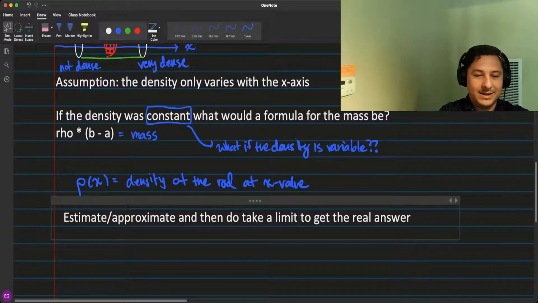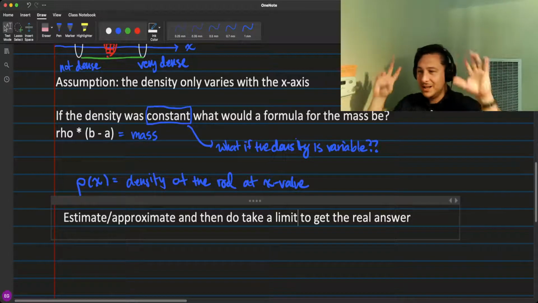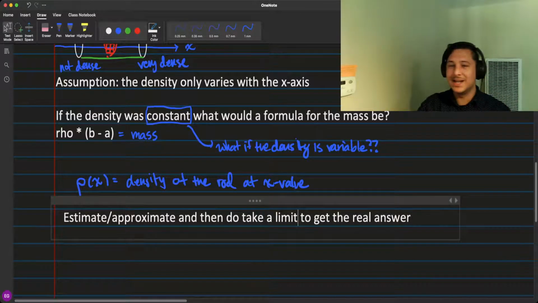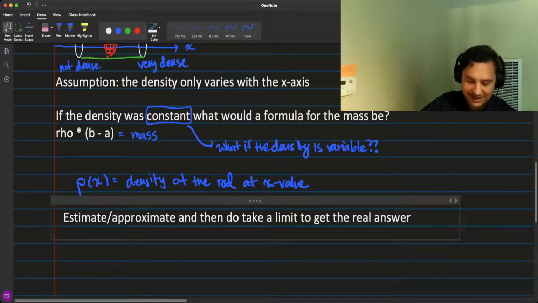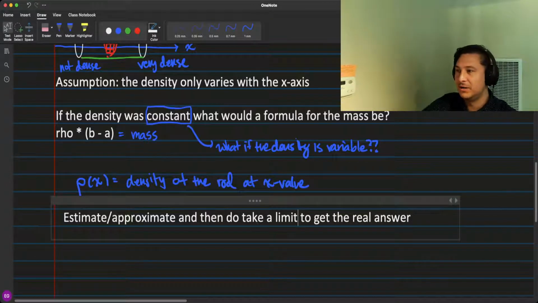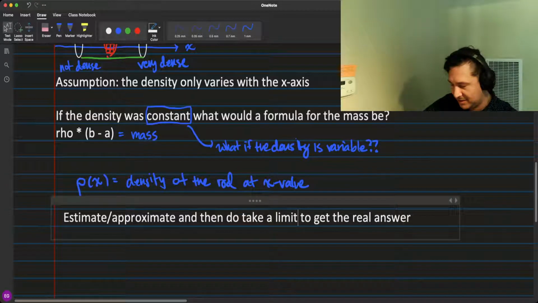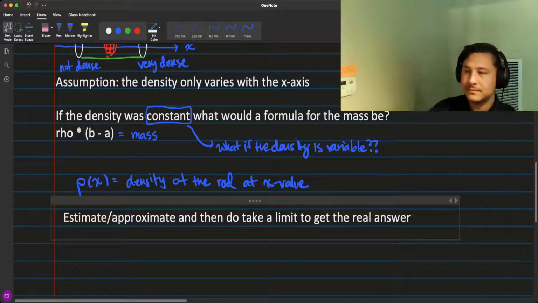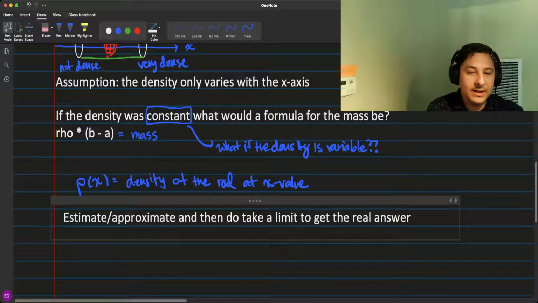Taking the limit is like the magic. You estimate, take the limit, and then boom, you get your answer. Okay, so we're going to do that here.